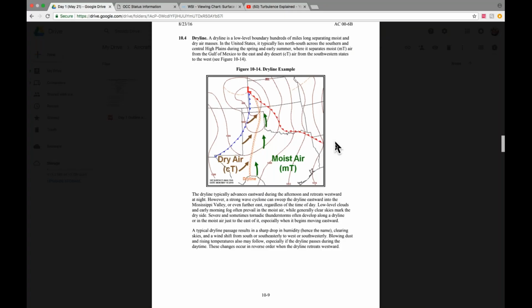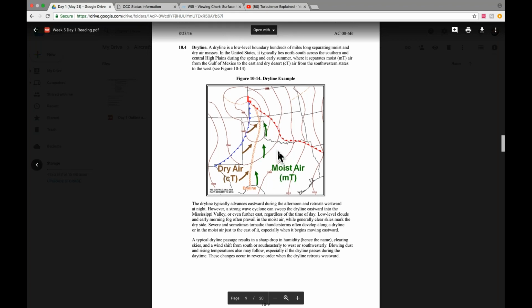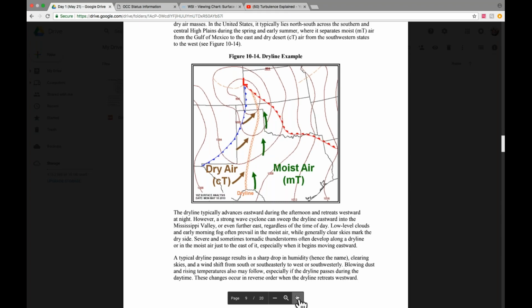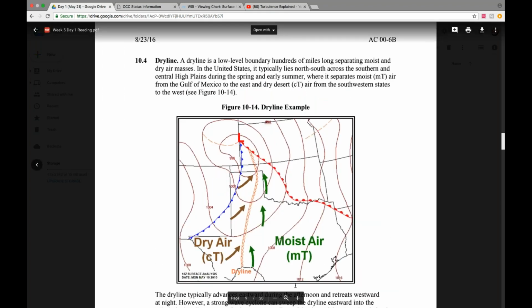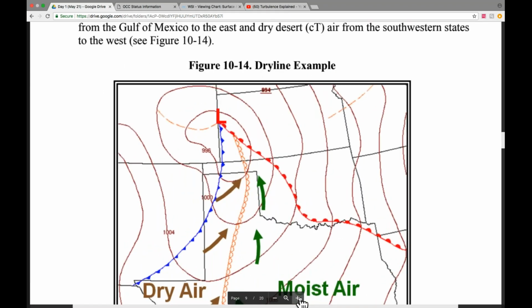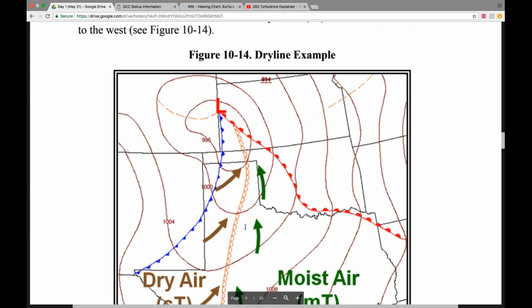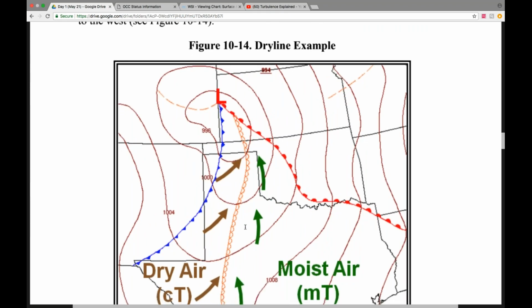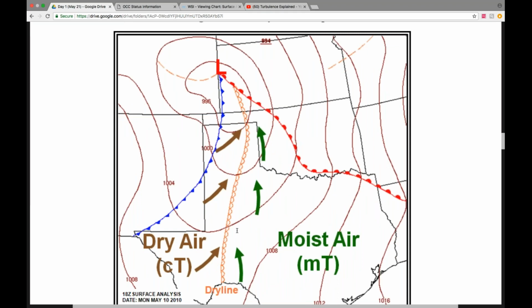So let's talk about dry lines real quick. All right. So can everybody see what the dry line looks like there on the charts?